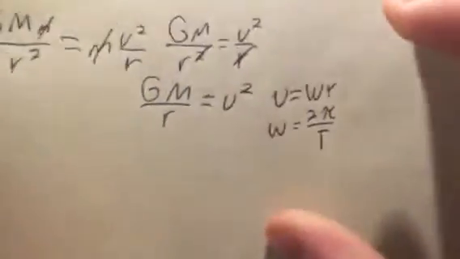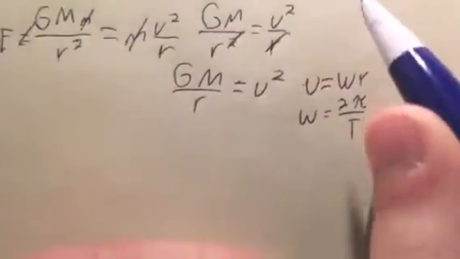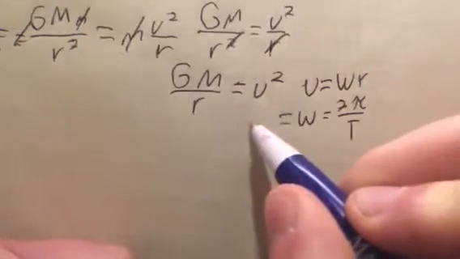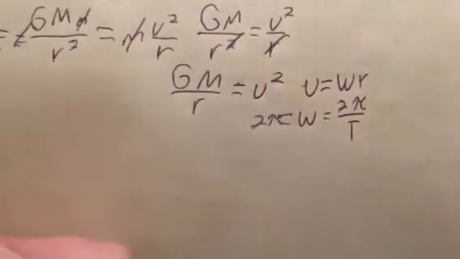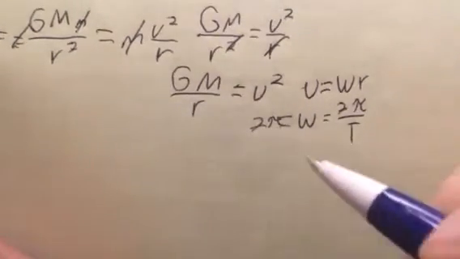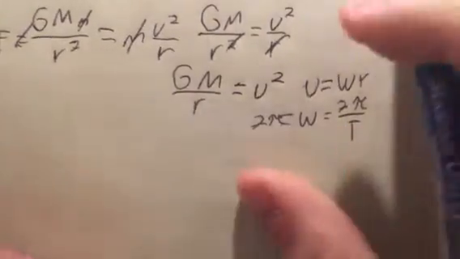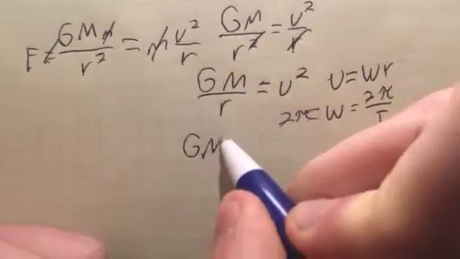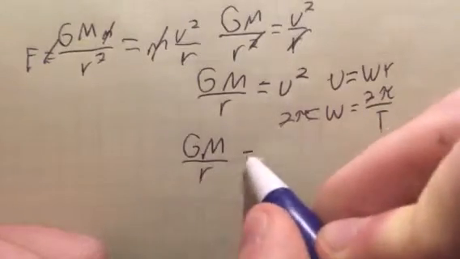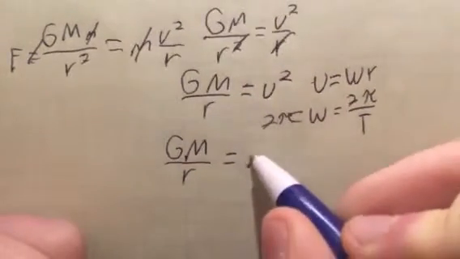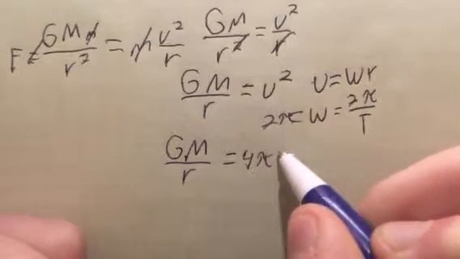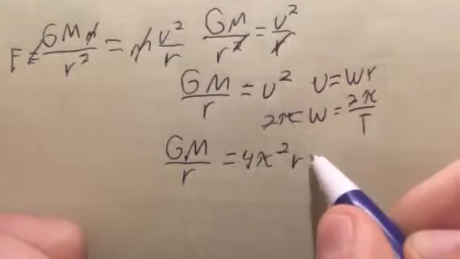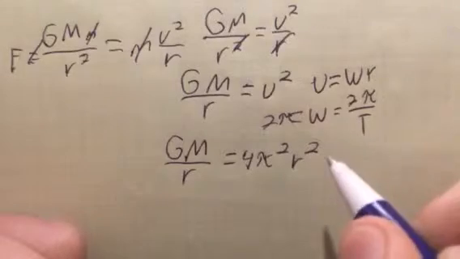So we know t equals 1, so we can set omega equal to 2 pi. What that means is that our velocity squared is going to equal 4 pi squared r squared.